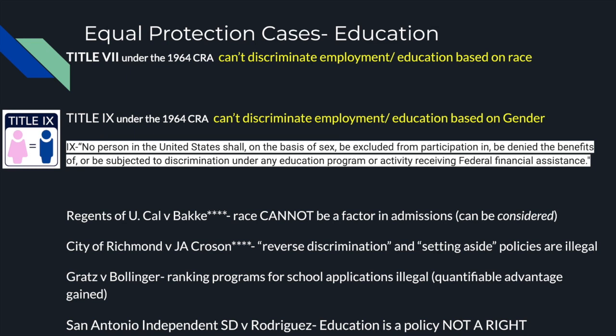Title IX is also part of the 1964 Civil Rights Act, but that one says you can't discriminate in employment or education based on gender, which means for every male sport, you need a corresponding female sport. So you can't have a high school sink all of its money into just a boys football team and spend nothing on anything else.